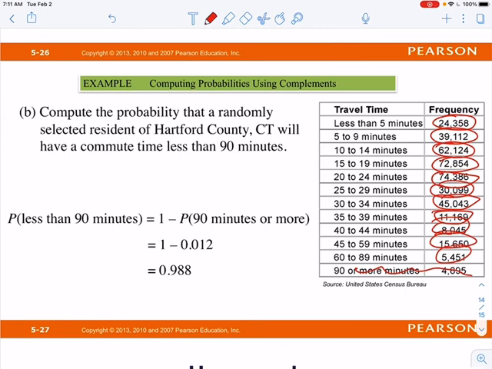Or, because now I know what the complement is, the probability that you have a commute that's less than 90 minutes is going to equal 1 minus the probability that you have a commute that's more than 90 minutes. Again, we found that on the last slide. That was our answer from the last slide. So if I just take 1 and subtract out that 0.012, you're going to get an answer of 0.988. And that's as simple as the complement is going to get.